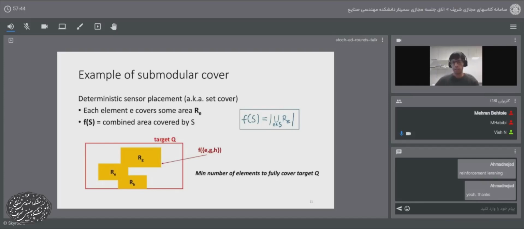And the goal is to pick the minimum number of elements that will fully cover the target, or that will achieve a function value which is equal to its maximum value. So the costs are all 1, and we just want to select some subset that will cover this entire region. So we can see that this is a special case of submodular cover.